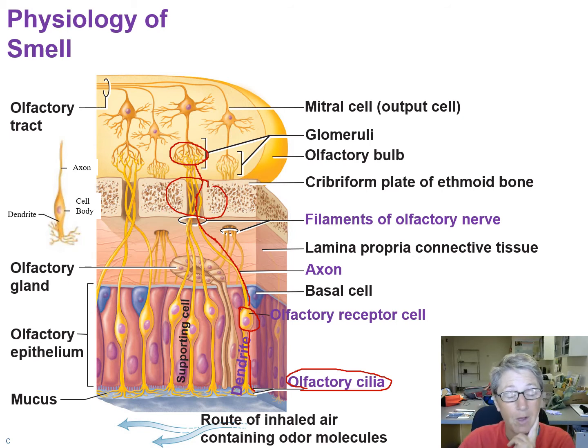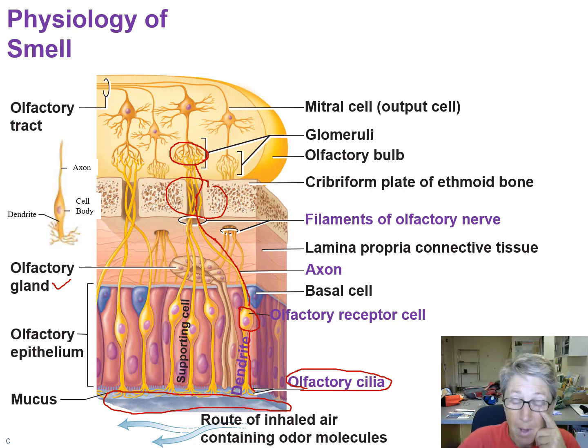Also in the olfactory epithelium, you have olfactory glands that can secrete mucus, because you know you have mucus in your nasal cavity, and it also helps dissolve those odorant molecules so that they can bind to the olfactory cilia of the dendrites of the olfactory receptor cell.